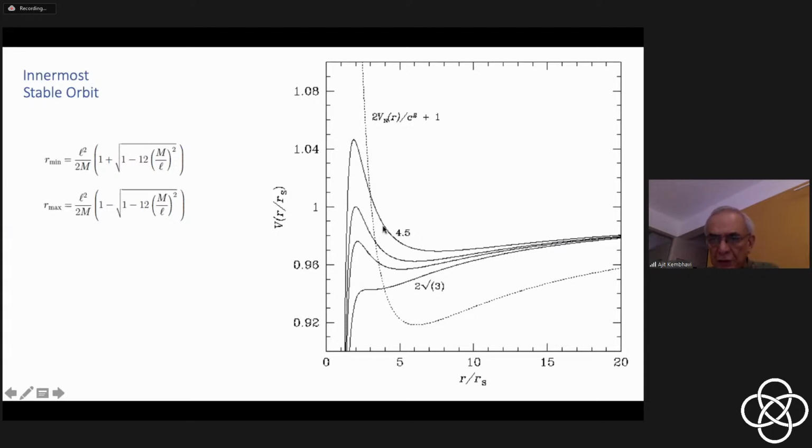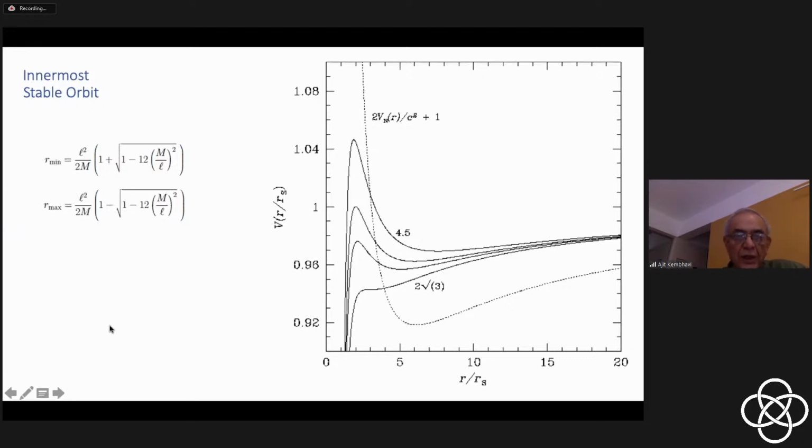So where are the minima actually? You'll obtain that by saying dV by dr is equal to 0. You remember that you've got the effective potential, V effective. So you just put d by dr of V effective equal to 0, because that is how you find the maxima and minima of a function. When you do that, you get two solutions. Why do you get two solutions?